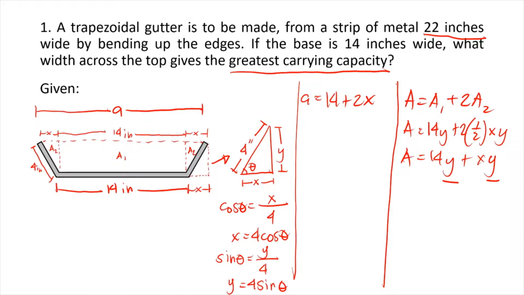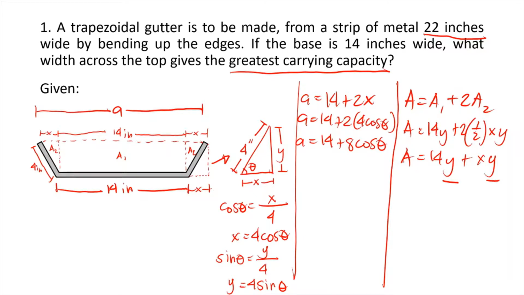Now what we need to do is just plug in these equivalent expressions for x and y into our equation for a and the area. Again, a denotes the width across the top of the trapezoidal gutter. So we have a equals 14 plus 2 times x, where x is 4 cosine theta. So a equals 14 plus 8 cosine theta, right?